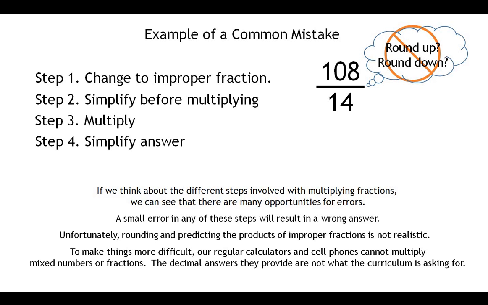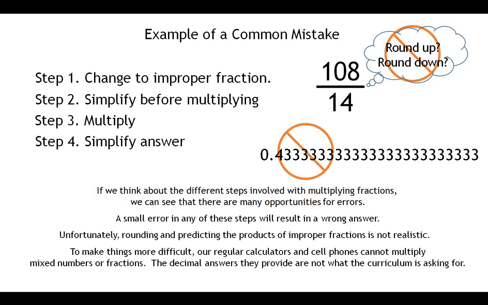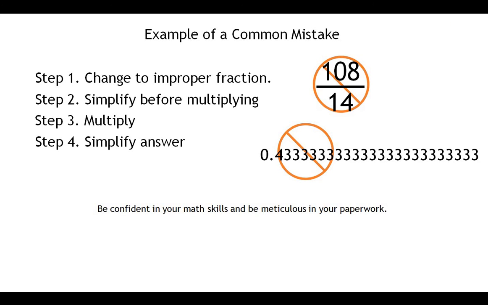To make things more difficult, our regular calculators and cell phones cannot multiply mixed numbers or fractions. The decimal answers they provide are not what the curriculum is asking for. Be confident in your math skills and be meticulous in your paperwork.